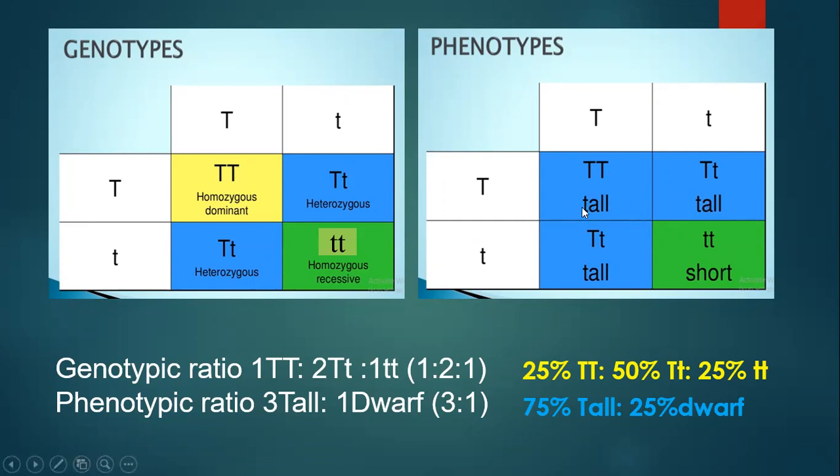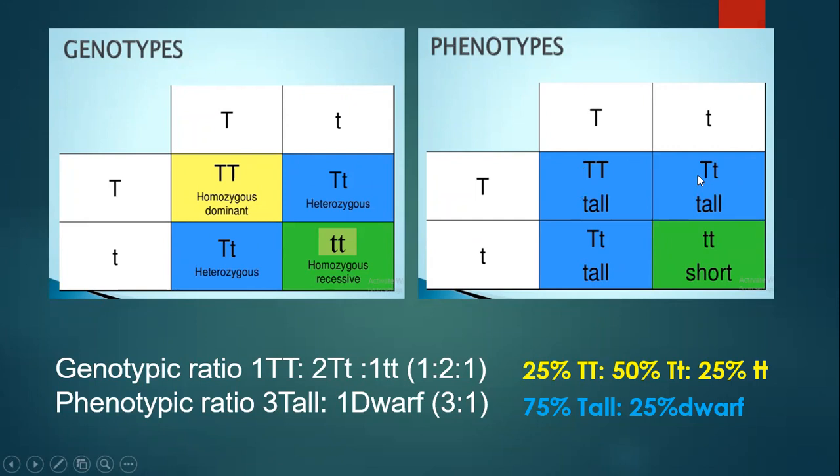But if you are getting tall plants, the genetic composition can be different, in spite of the fact that the phenotype visible from outside in these three plants is all tall, and even the F1 generation which was obtained was also tall. So looking from outside, we are not able to identify the genotype of this tall plant or this tall plant.